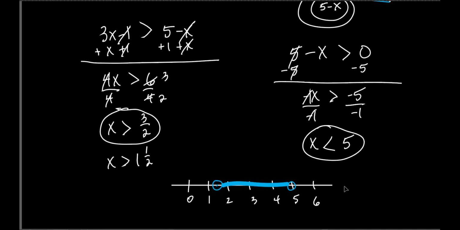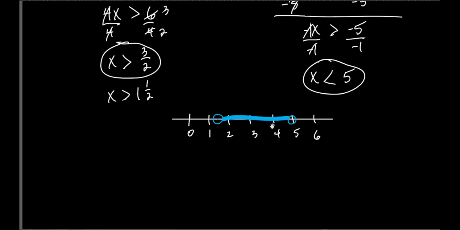You filled it in between. You remember this, right? That's pre-algebra stuff, Algebra 1 for sure. I'm sure you did this stuff before. So what does this mean? This means that x could be any number between 1.5 and 5.